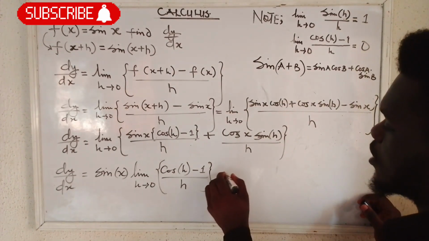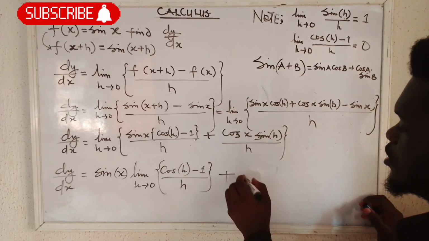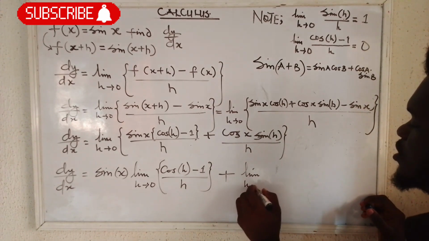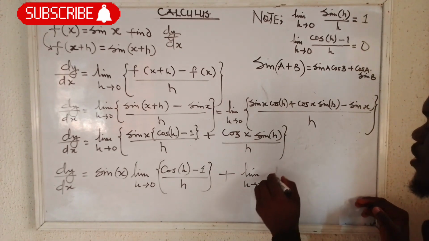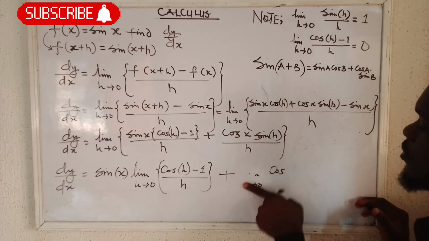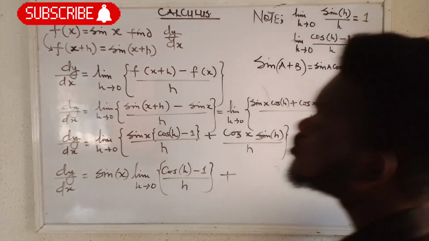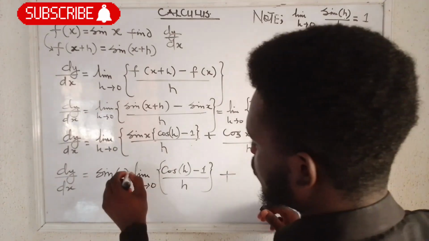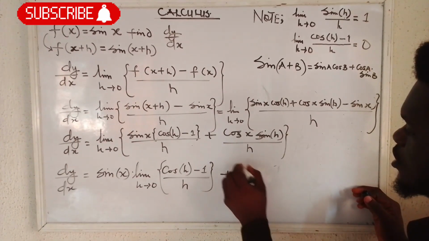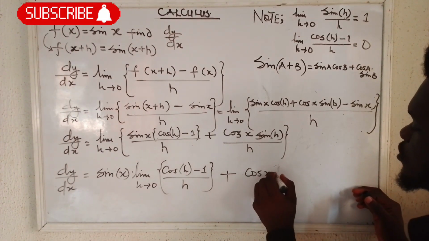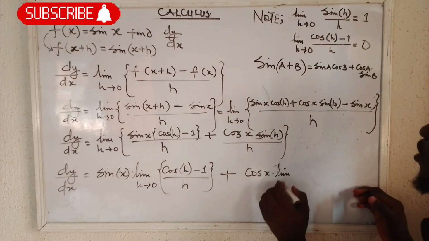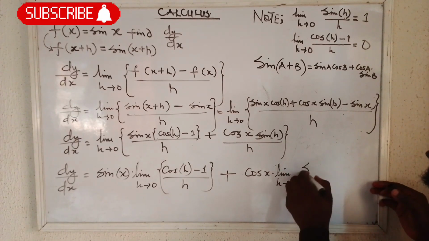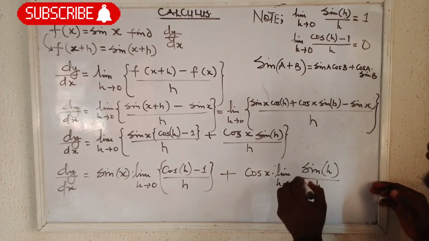Then we can also say plus the limit as h tends to 0. Let me write it the way I wrote this, because this is multiplying this. So we have the cosine of x first, then the limit as h tends to 0 of the sine of h, all divided by h.